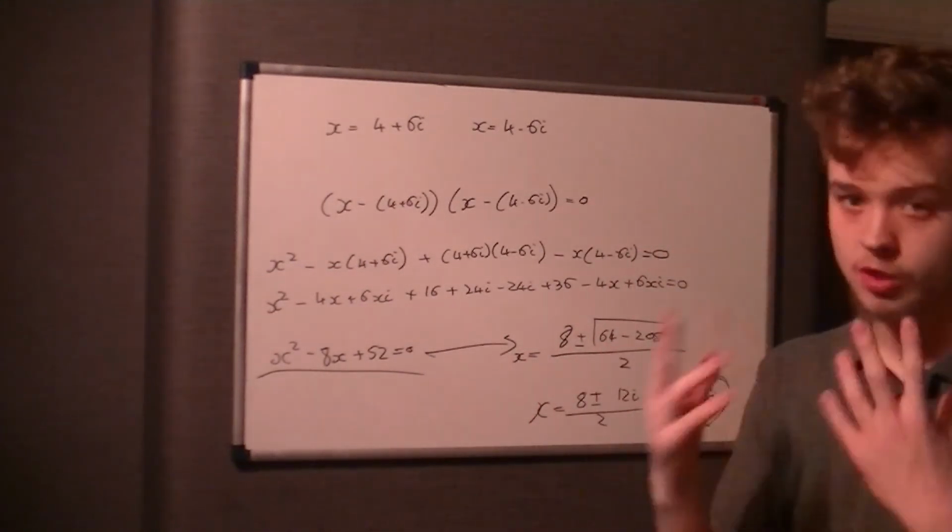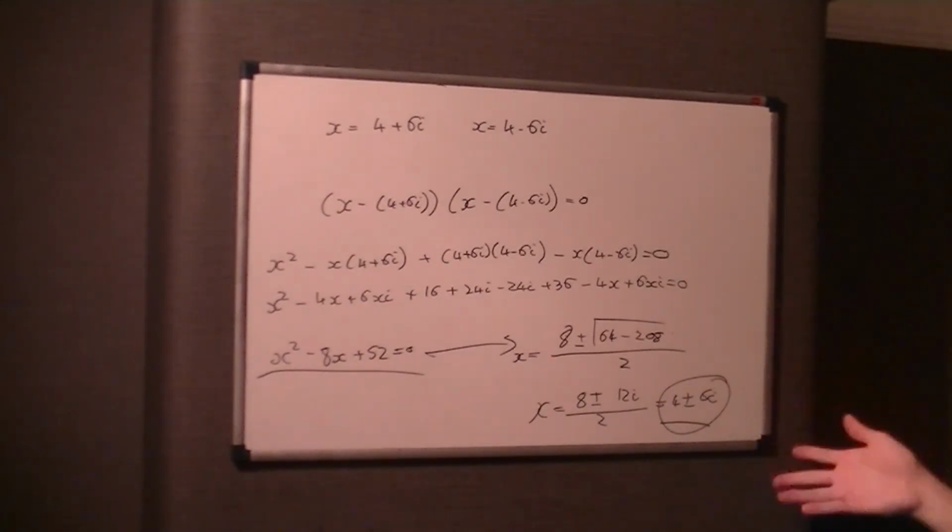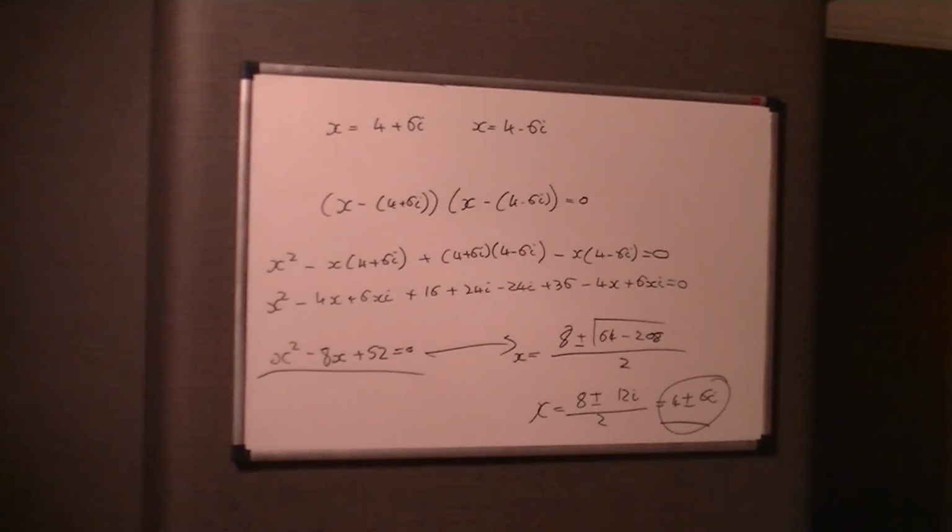There's a couple of stages, so I'll just recap the stages for you at the end. What we have here is you start with a complex conjugate pair. They are always the roots of a quadratic equation. So if you're given a root that is 4 plus 6i, the other root must be 4 take 6i. Then, because you know they are roots of the equation, they are factors.